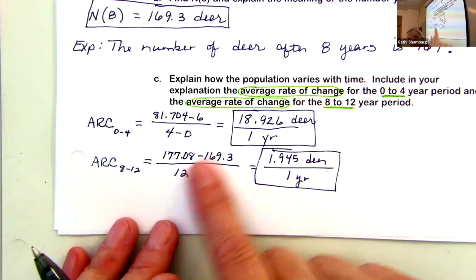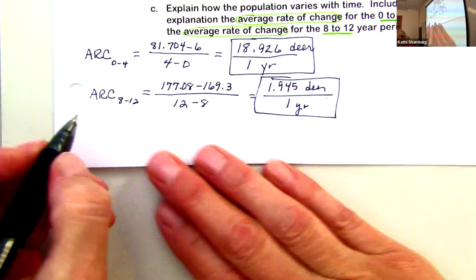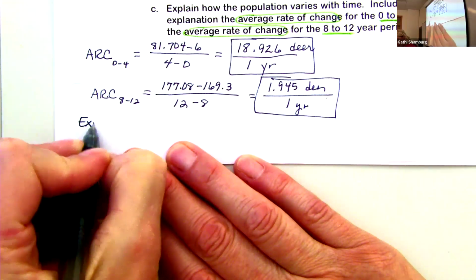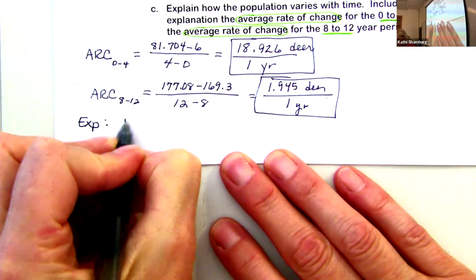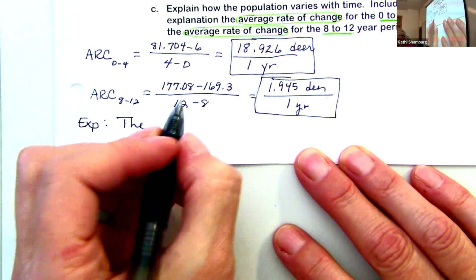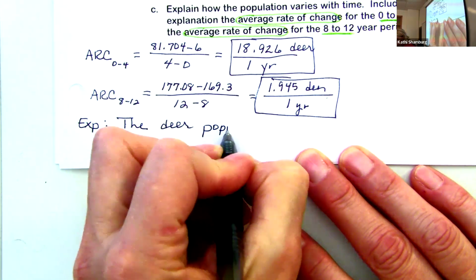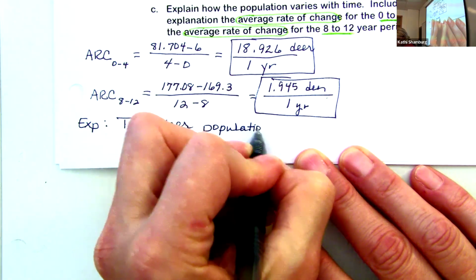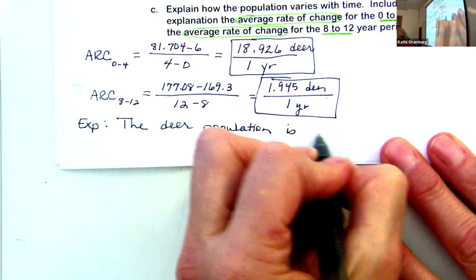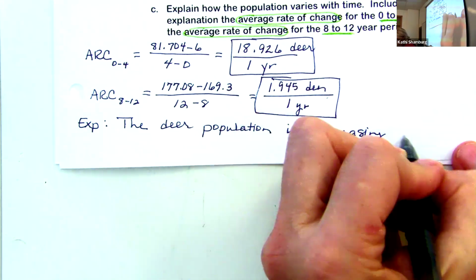Okay, so this says explain. So we showed our two average rates of change. So when we explain, the number of deer or the deer population, whichever way you want to write it, is increasing at what kind of a rate?